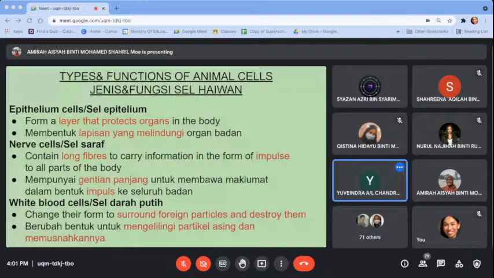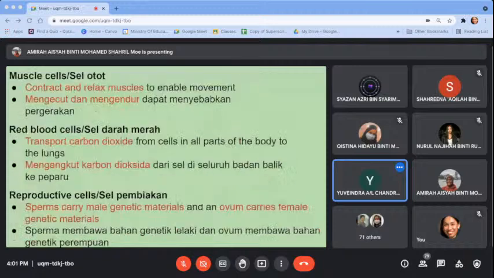Sel darah putih berfungsi untuk memusnahkan partikel asing supaya badan kita sentiasa sihat dan cergas. Apabila sel otot menerima impuls daripada otak, sel otot akan mengecut dan mengendur untuk menghasilkan pergerakan.